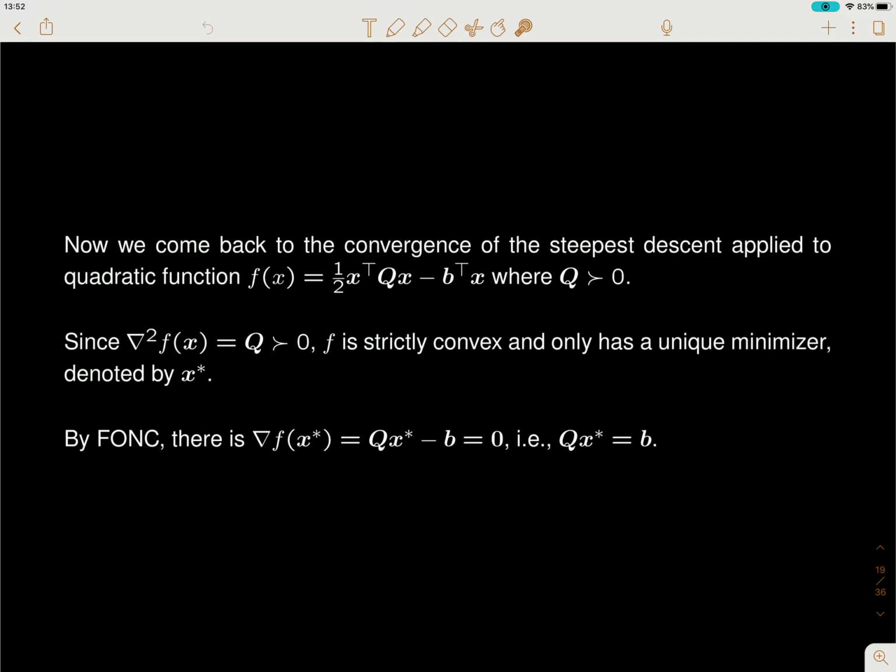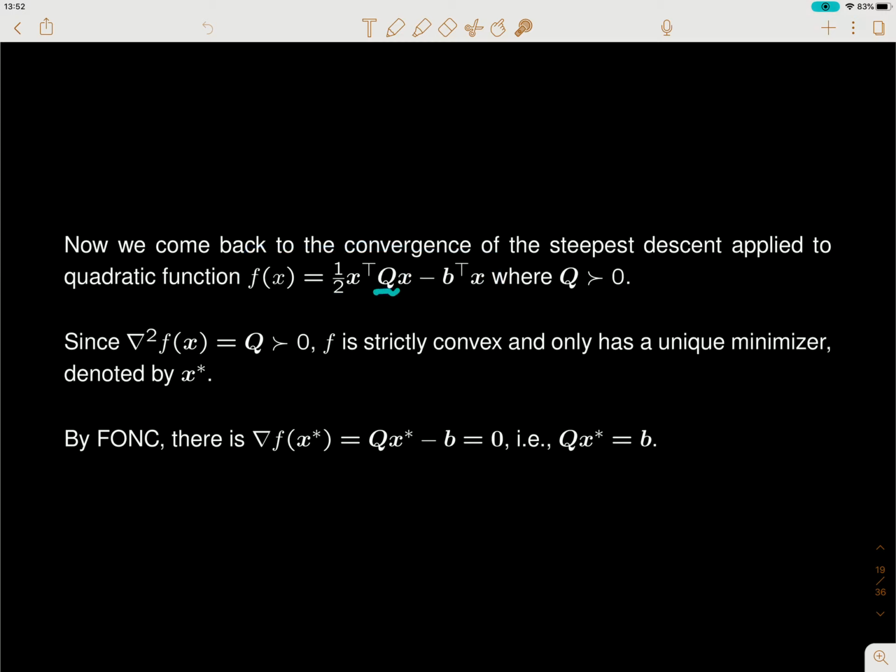Okay, so now let's go back to the steepest descent method applied to the quadratic function. Remember that a quadratic function can always be written in this standard form, where this term is a quadratic term and this is a linear term. Q and b are given.